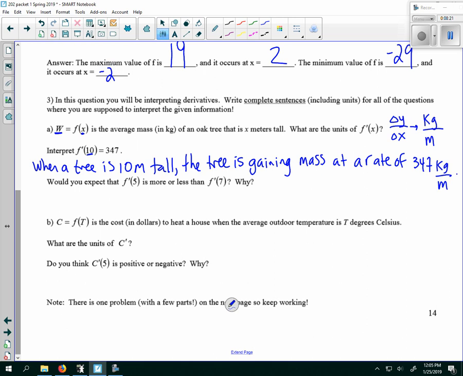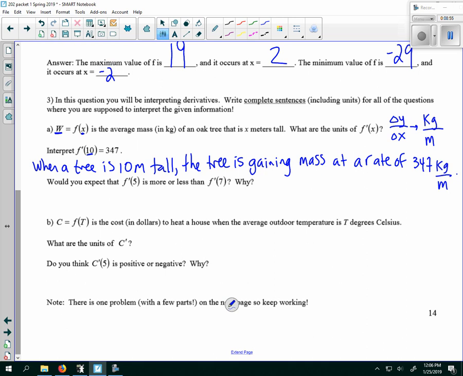Would you expect f prime of 5 to be more or less than f prime of 7? Okay, so we're thinking about a 5 meter tall tree versus a 7 meter tall tree, and which one would be gaining mass at a faster rate as it grows? So for f prime of 5, its next meter is going to gain some amount of mass. And for a tree that is 7 meters tall, its next meter is going to gain some amount of mass.